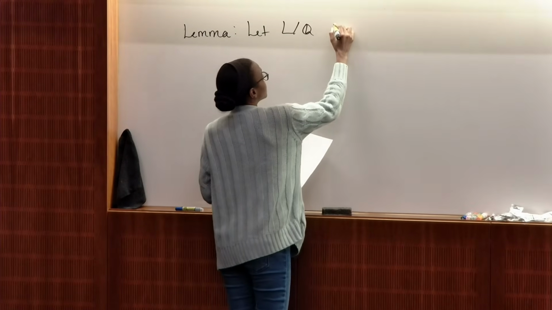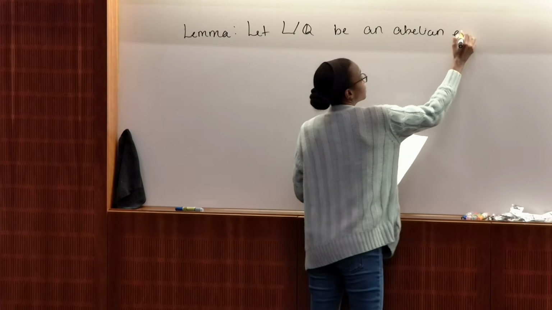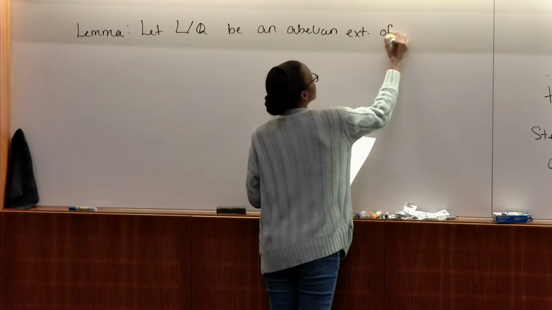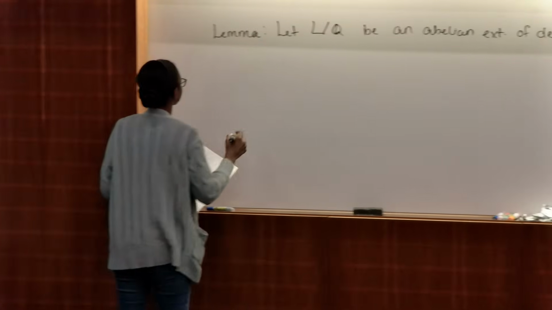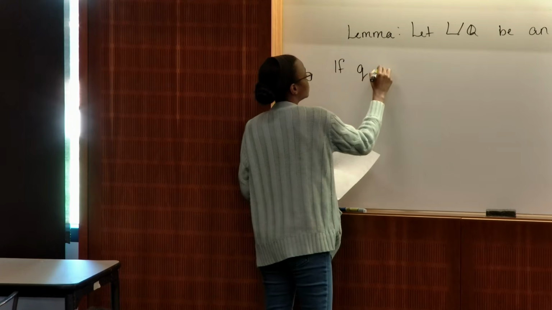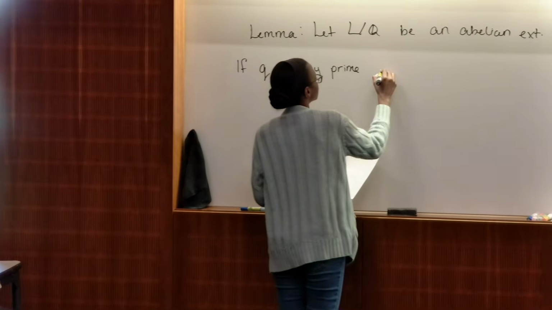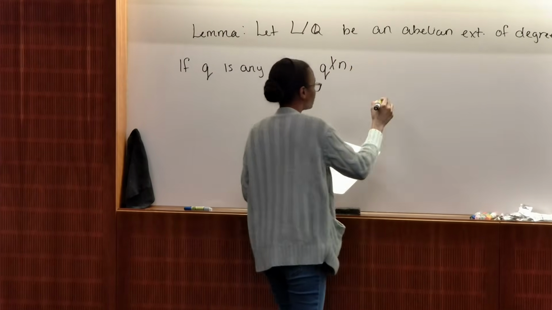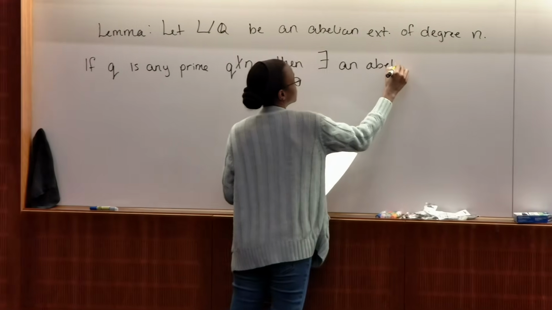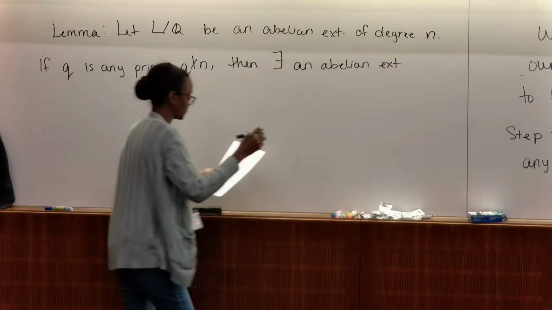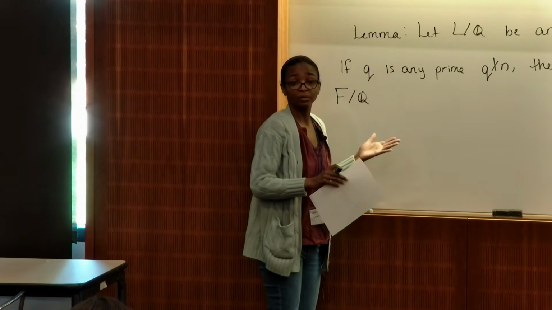Assume L over Q is an abelian extension, and let's assume that its degree is n. If Q is a prime that doesn't divide n, then there is an abelian extension, call this one F over Q. F is not, do not assume that it's a subfield.